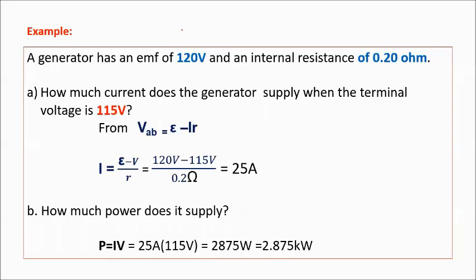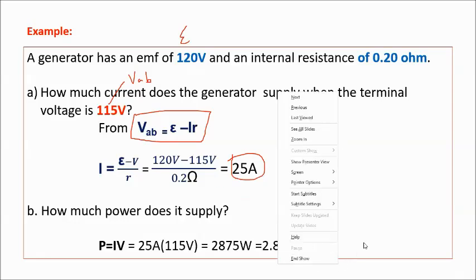So again, we are given an EMF and the VAB. Recall yung formula, relationship ng EMF and terminal voltage. Ito. So to solve for I is EMF minus terminal voltage divided by R. So you substitute 120 minus 115 divided by 0.2. So the answer is 25 A.